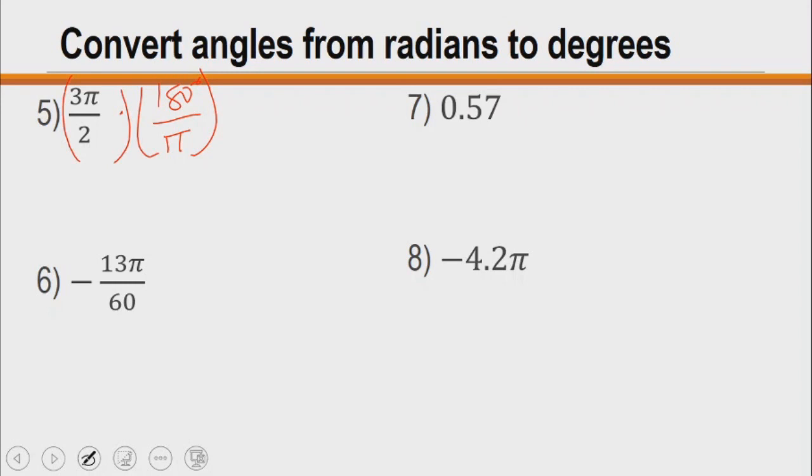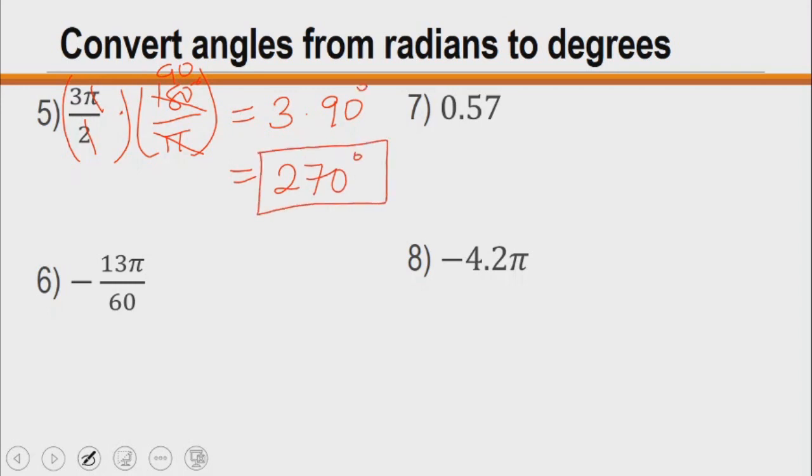Pi goes into pi, 2 goes into 180, that will be 90. So this comes down to 3 multiplied by 90, and that will give us 270 degrees. So 3 pi divided by 2 radians equals 270 degrees.